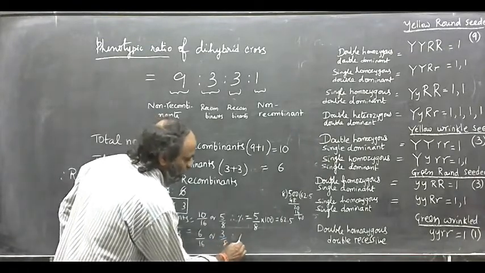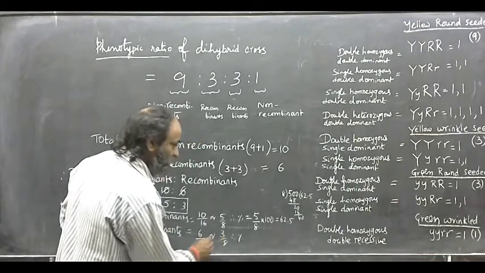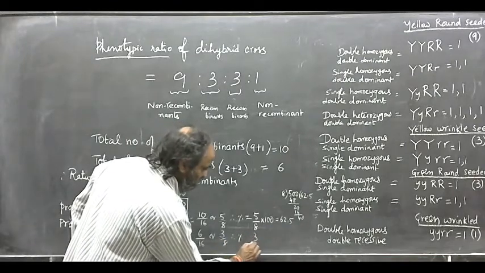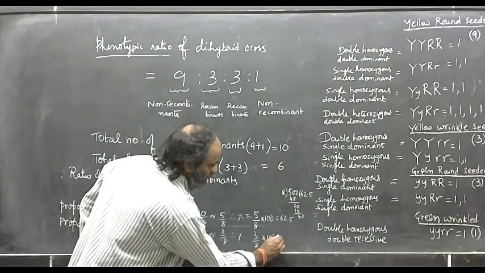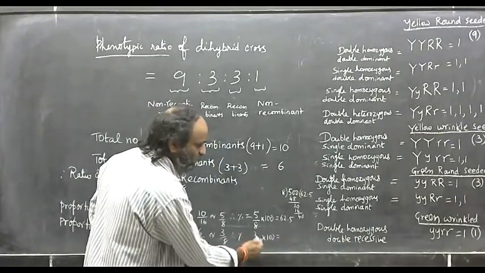And therefore the percentage of recombinants is, I will take 3/8 into 100, that is equal to 300/8.